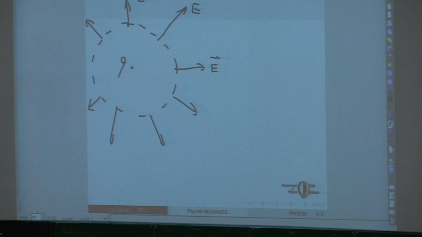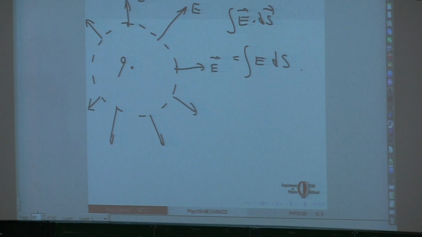Because let's try to apply the Gauss law to this surface, this imaginary mathematical surface, E dot dS. This is equal to, let's use the cosine definition of the scalar product, the magnitude of the electric field times dS times the cosine of the angle between the area vector and the electric field.